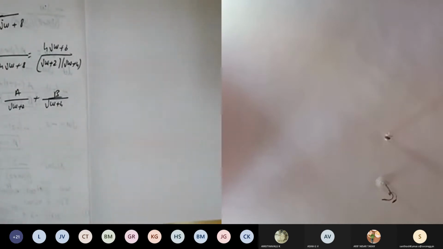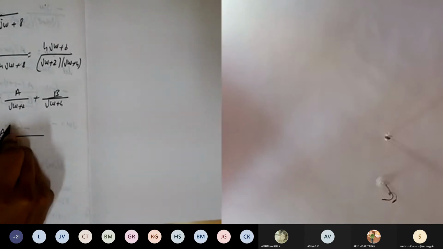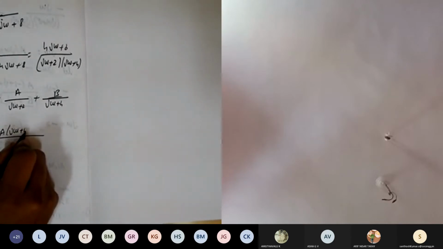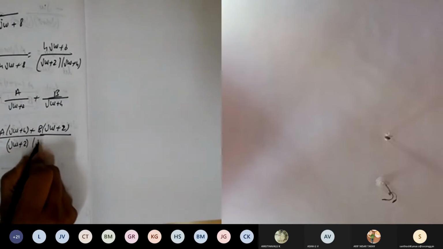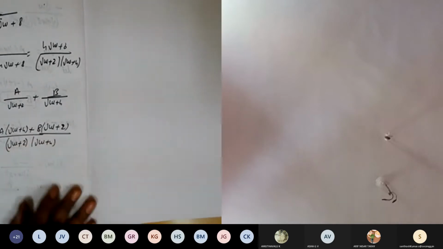Let us take the LCM of this. If I take the LCM, this will become A into j omega plus 4 plus B into j omega plus 2, divided by j omega plus 2 into j omega plus 4.